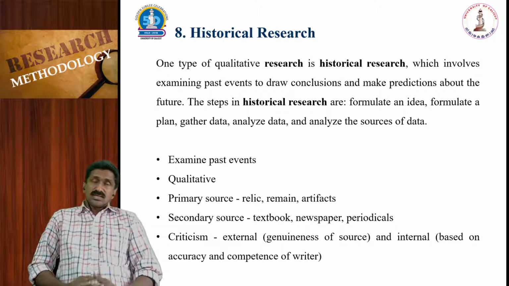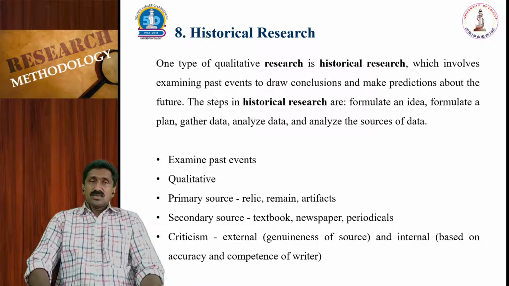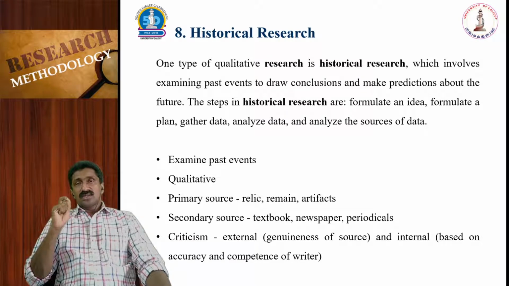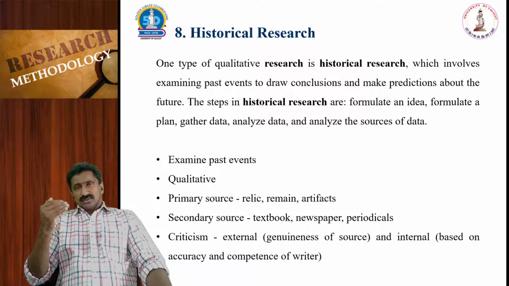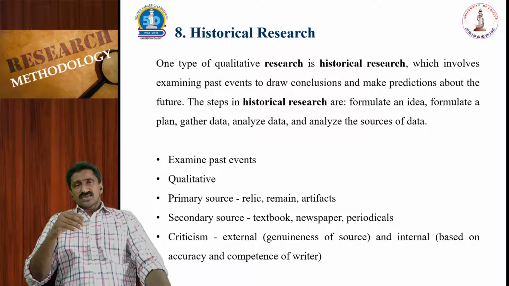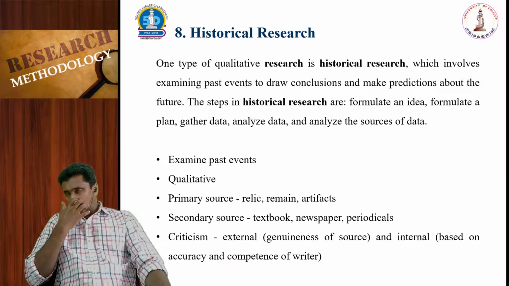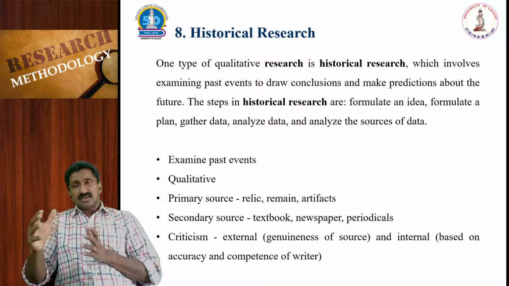Now the next one is historical research. Historical research is one type of qualitative research, which involves examining past events to draw conclusions and make predictions about the future. So you analyze the past events and predict the future.